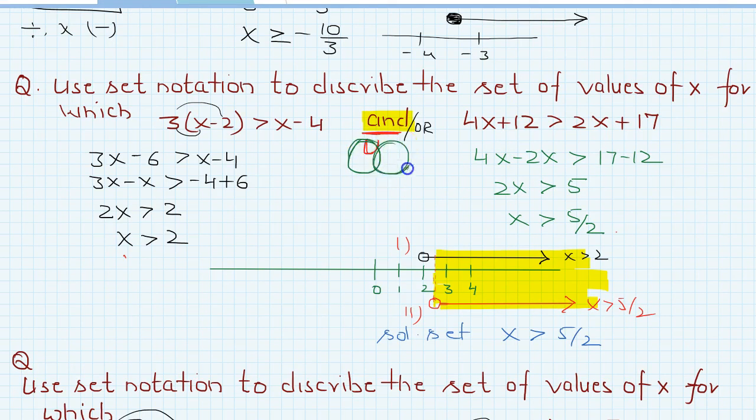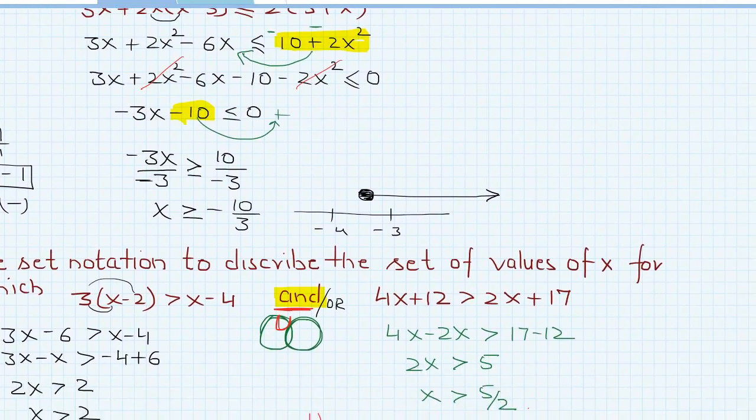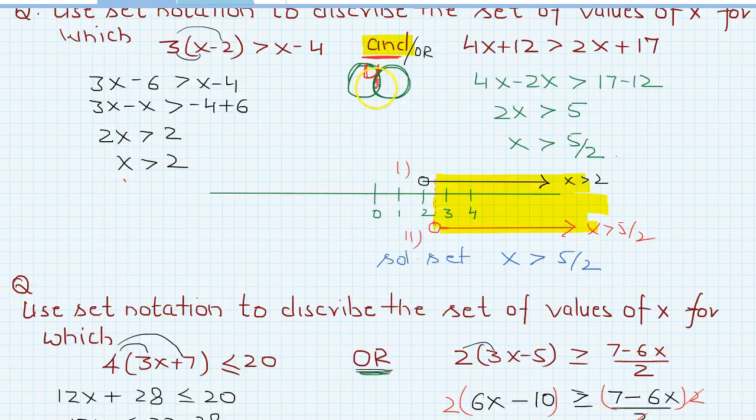So this one and this one, this and this, means this part. That's why we have taken the common part. So this is the intersection, the common part, and this is both the parts, either this or this.